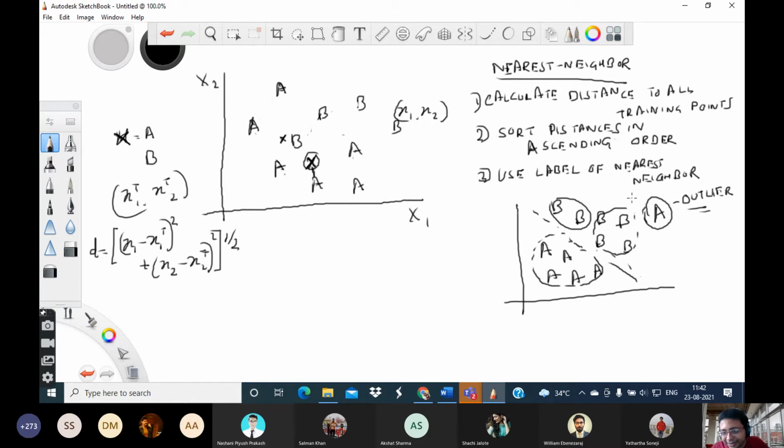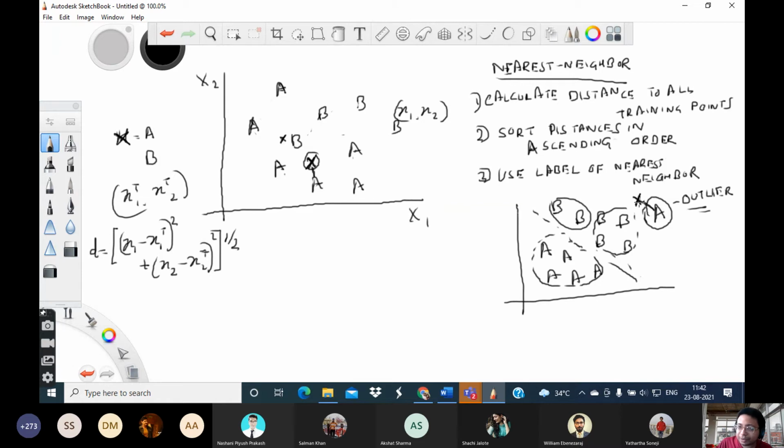For example, in this data set, if we are considering this point X, given the nature of the data set, we would probably think that this point should be classified as B. But its nearest neighbor is this point whose label is A. But then this point is an outlier. Before doing an analysis, we may not know which point is an outlier and which point is not.